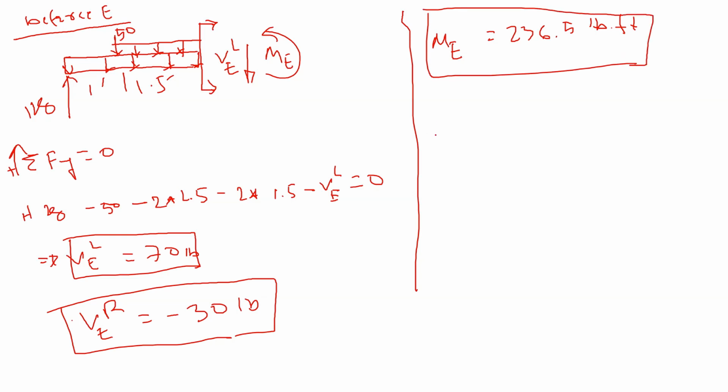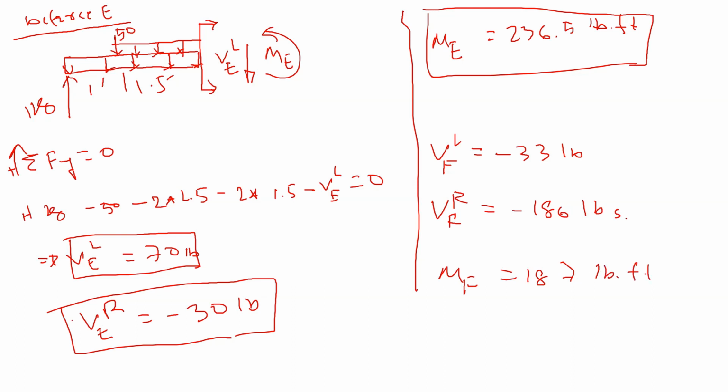You also have to cut before and after F. If you do that, I calculated that before the point F, to the left side, was negative 33 pounds, and then after, the right side of F, was calculated negative 186 pounds, and then the moment at F was calculated 187 pound-feet.